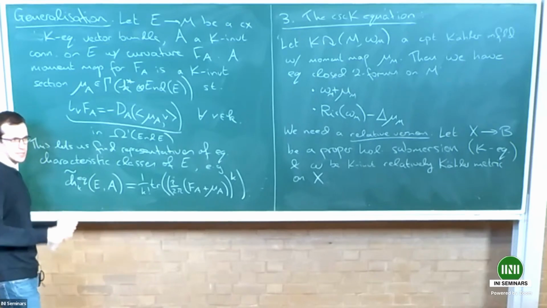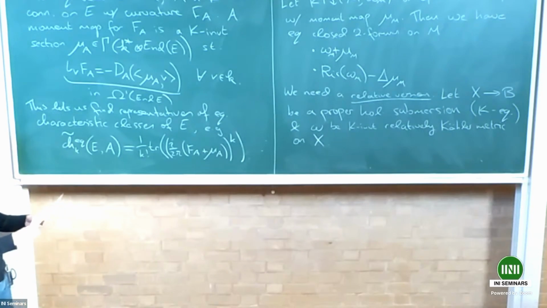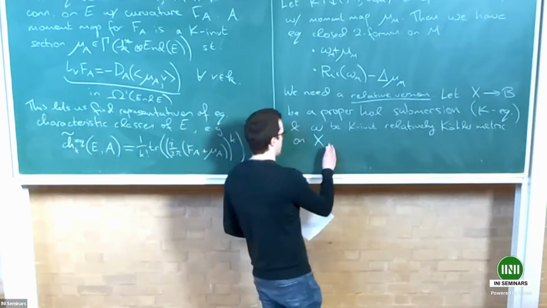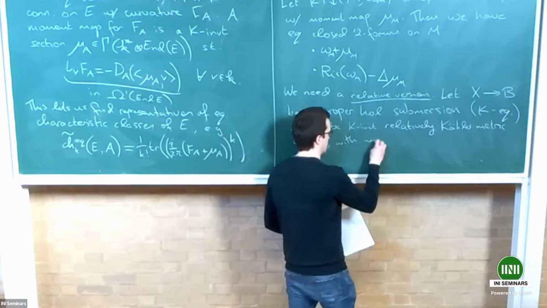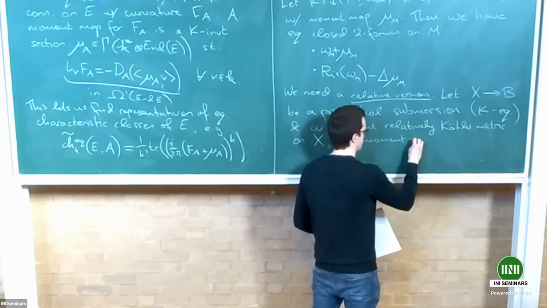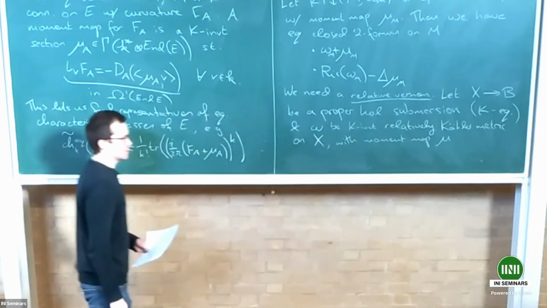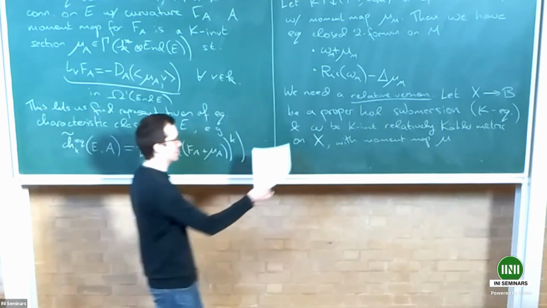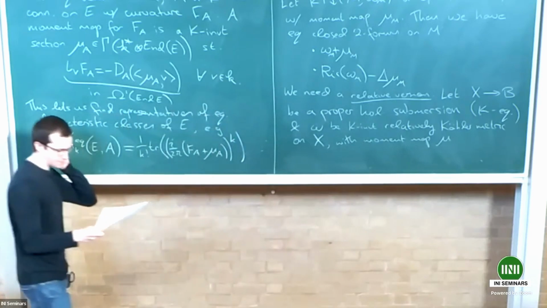So I have positivity in the vertical directions, but I don't require any positivity in the horizontal directions. And I'll say with moment map mu. So here's the first instance in which I'm abusing terminology. Omega doesn't have to be a symplectic form, but I'm still calling mu a moment map for omega.